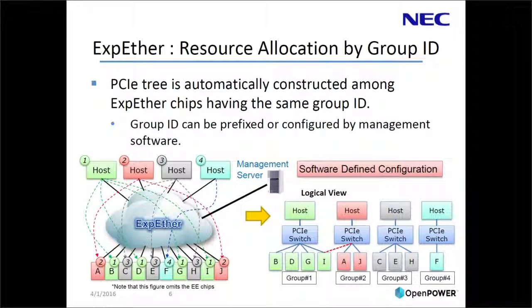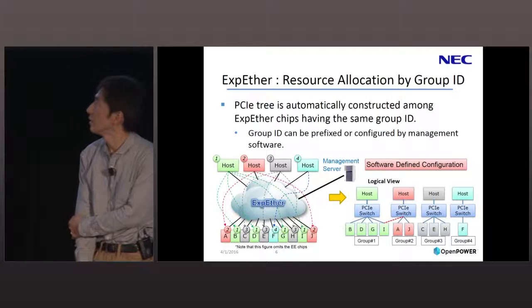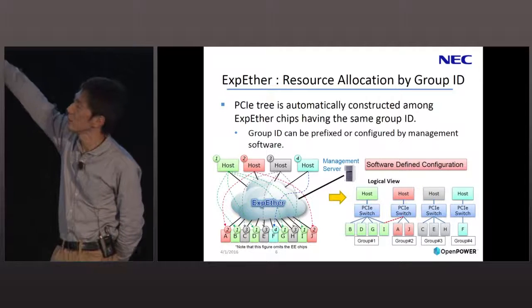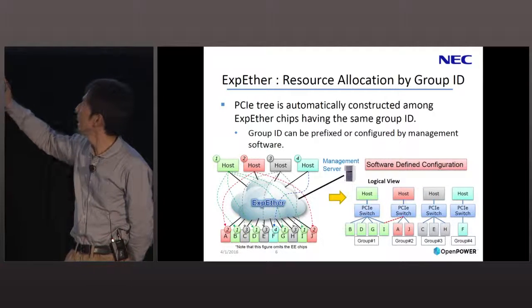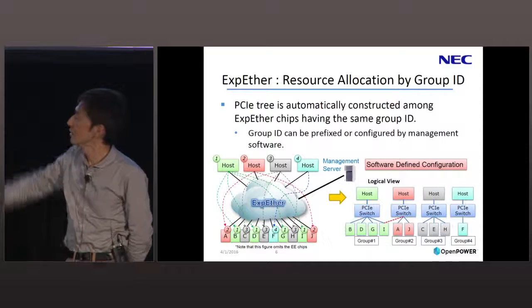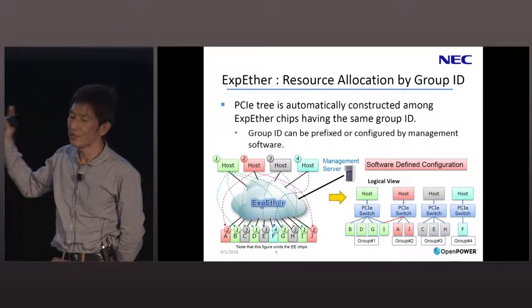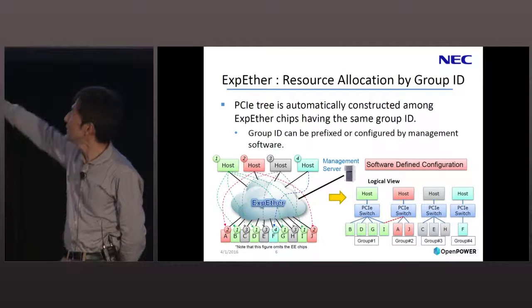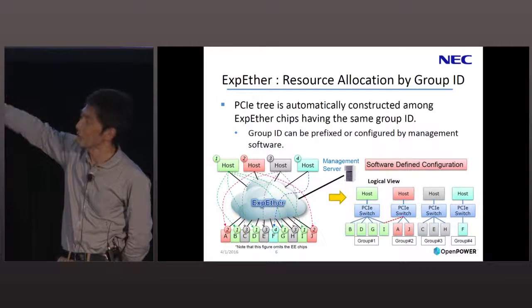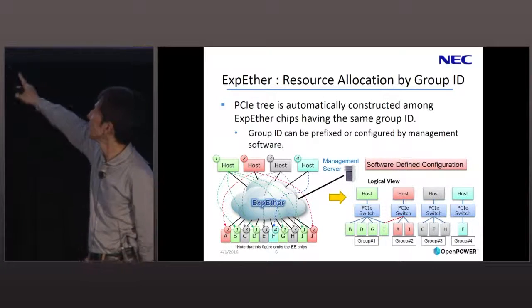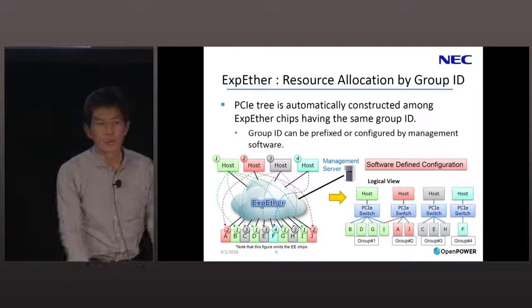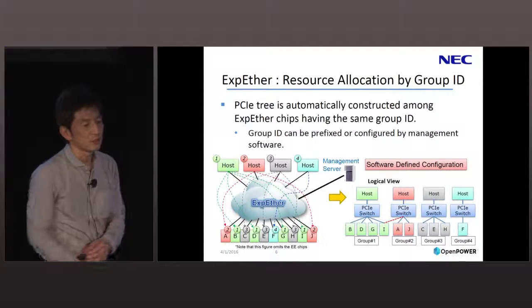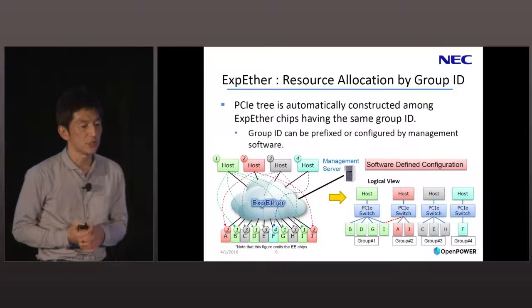So the PCI Express tree is automatically constructed, and then those green host and devices can be operated as a conventional computer. And the ExpEther manager on the remote server can change the group ID of this device from number 1 to number 2. Then this device is removed from the green host and hot plugged into the red host according to the PCI Express standard hot plug procedure.